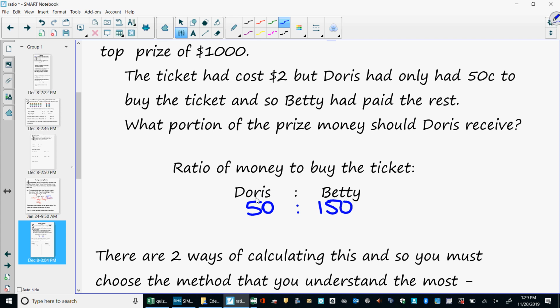I don't need to put my unit because they're the same unit. I'm obviously going to simplify that. I can divide both of them by 50, so that brings me down to 1 to 3. So far, so good, yes? So they paid for the ticket in a ratio of 1 to 3, so therefore they should be getting the money back in a ratio of 1 to 3.